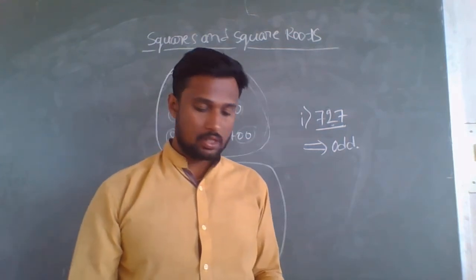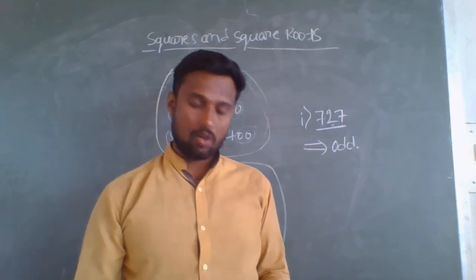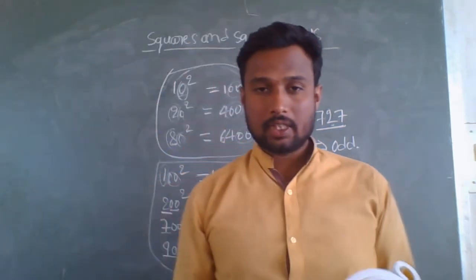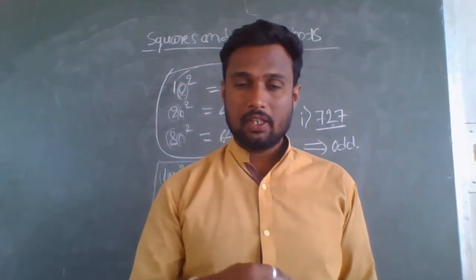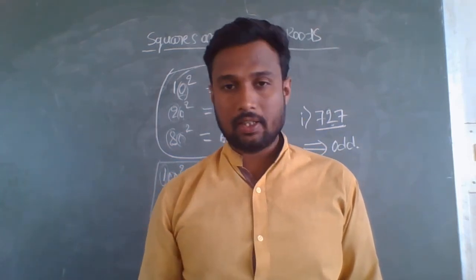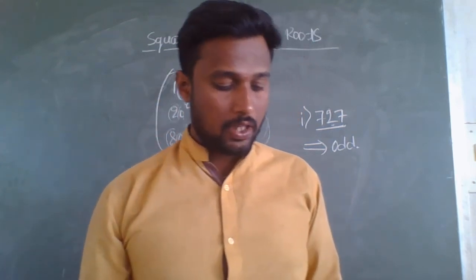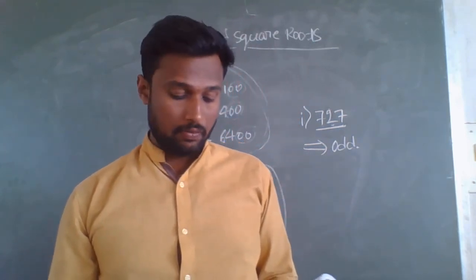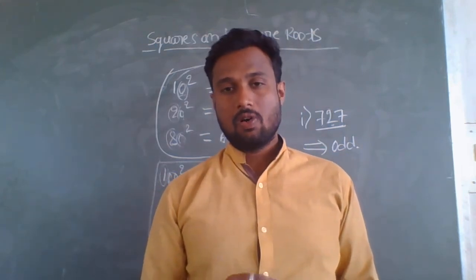For example, consider 3, the square value is 9, which is an odd number. Again consider 7, an odd number, the square is 49. 7 is odd and 49 is also odd. Again consider 9, the square is 81, 9 is odd and 81 is also odd.